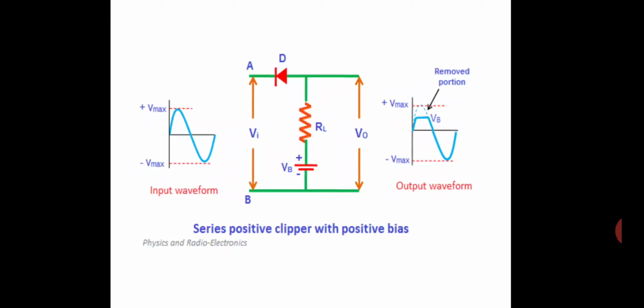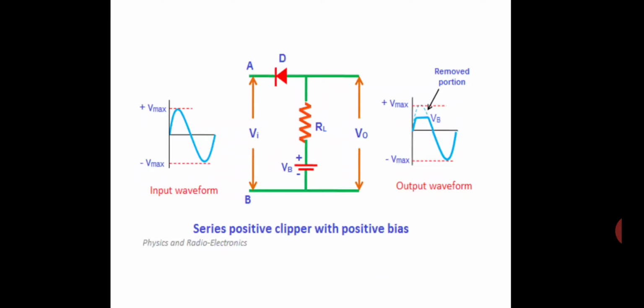The input is increased slowly, and battery VB gives a fixed voltage to the diode. Diode D is forward biased by the battery VB, and point A represents negative reverse bias.